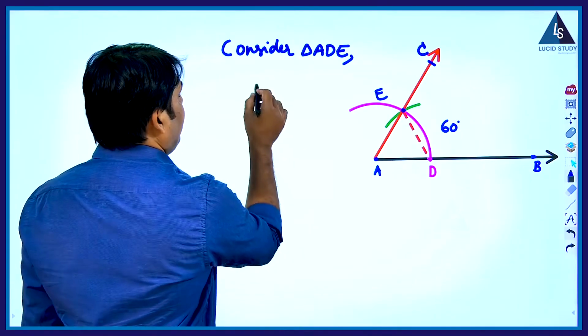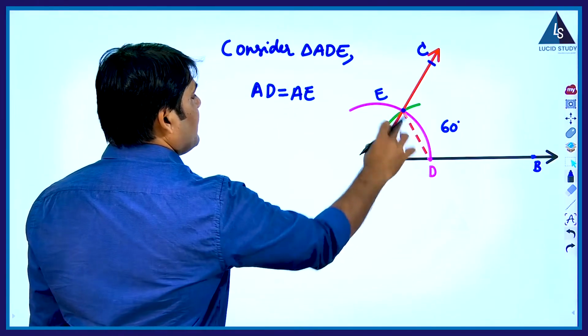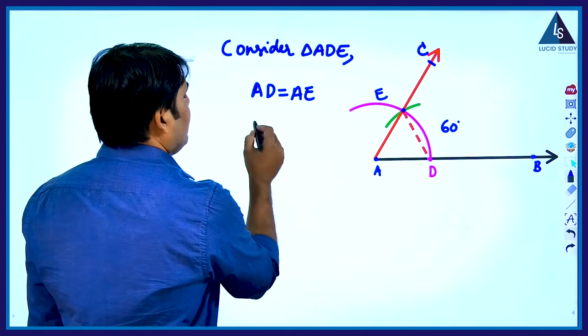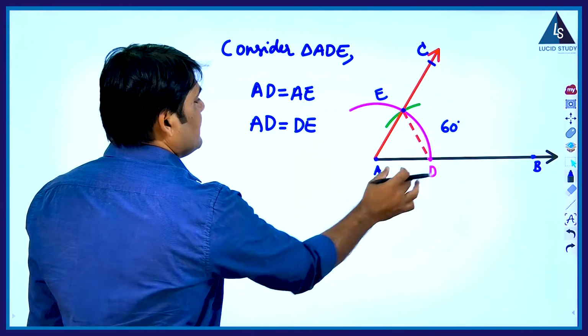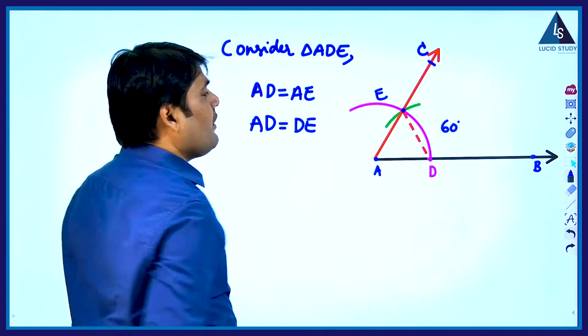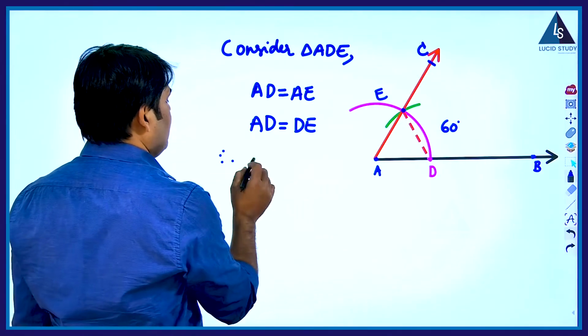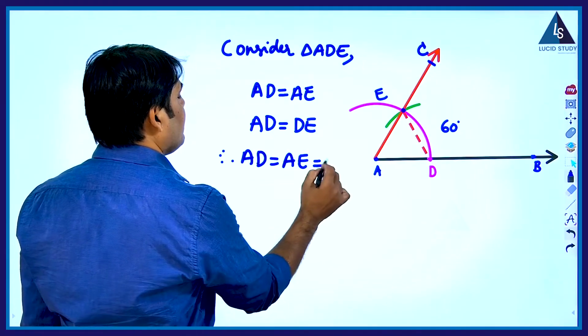AD is equal to AE because both of them are with the same arc, right? Now see, AD is equal to DE because with the same radius again we have drawn an arc here. So DE is also equal. Therefore AD is equal to AE is equal to DE.